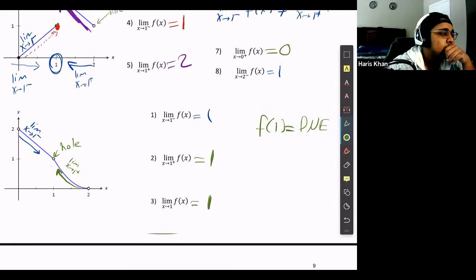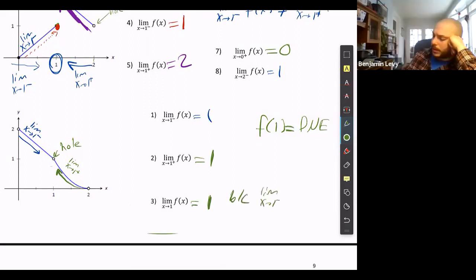Because the limit as we approach 1 from the left is the same thing as we get when we approach 1 from the right. In both cases, it's walking towards the same point, the number 1, i.e., both one-sided limits exist and are equal.